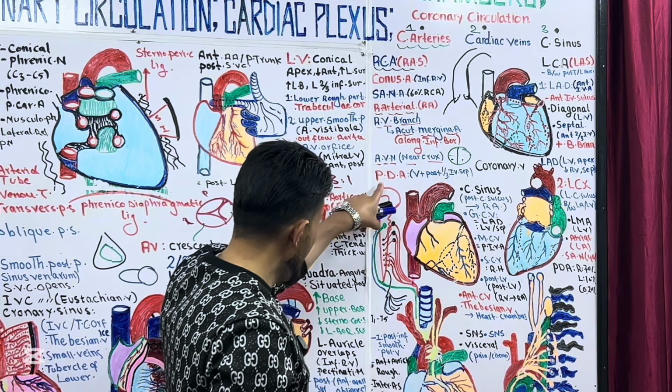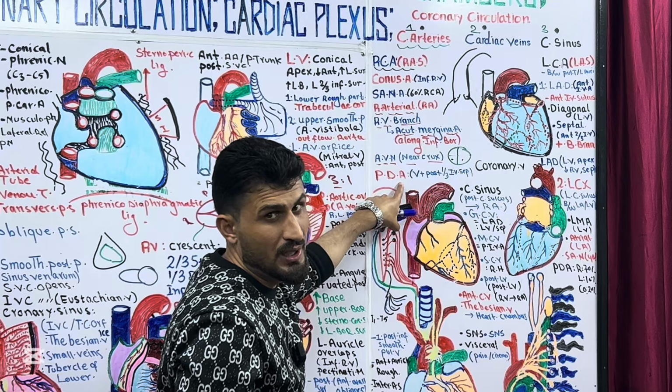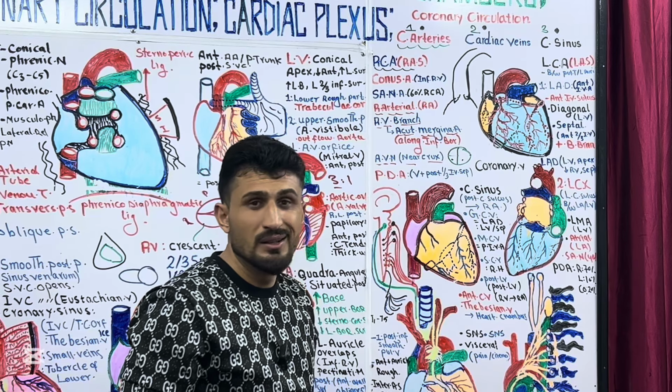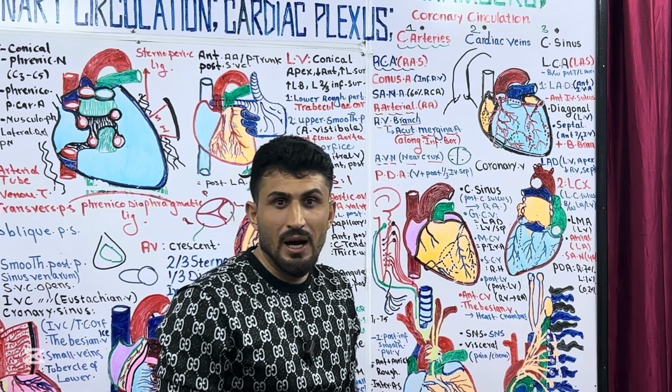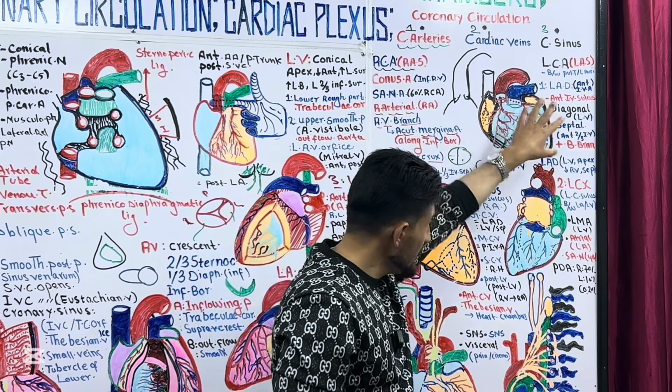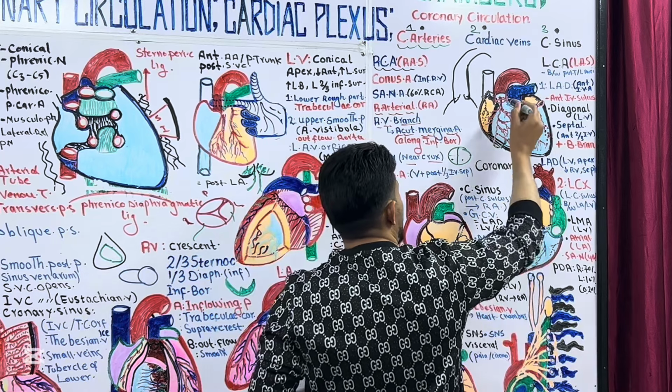This branch is called the posterior descending artery or posterior interventricular artery. So these were the branches of the right coronary artery. Let's talk about the left coronary artery. This is the left coronary artery.